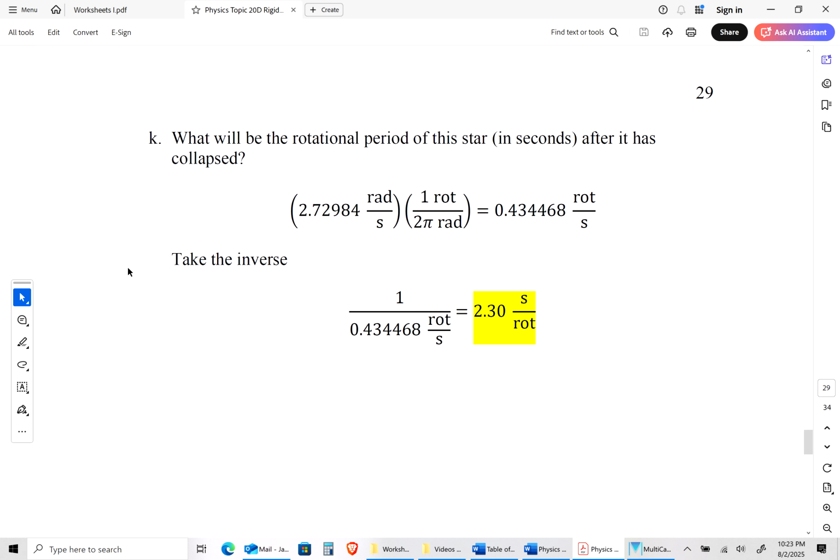Part K, what will be the rotational period of the star in seconds after it has collapsed? So we just want to convert it to seconds per rotation, because the units of period is time, and they want the period in seconds.